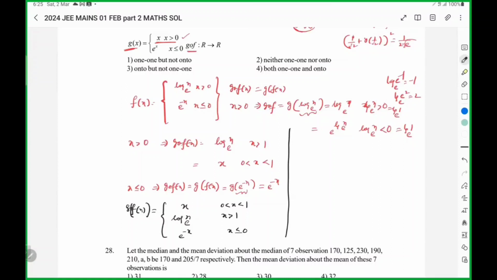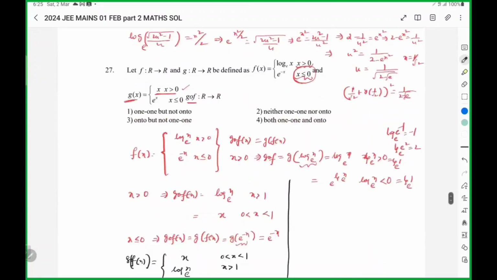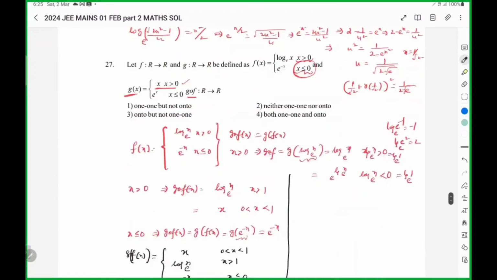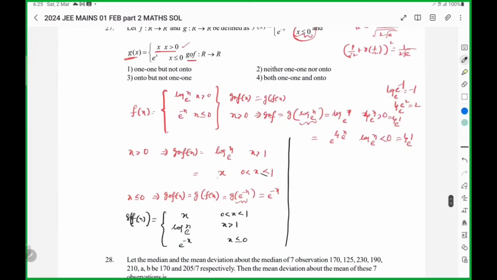So this is the final composite function. For x equal to 1, what will happen here? Log 1 is 0, and it becomes e power 0, which is 1. For x equal to 1, it is 1. We can take this.